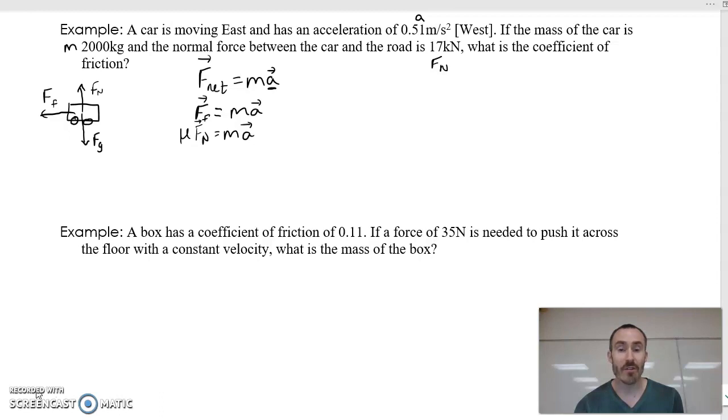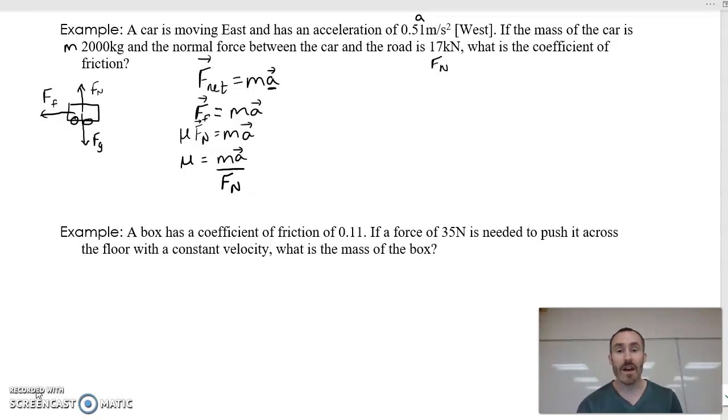I'm going to divide by the normal force to get the coefficient by itself. So the coefficient is ma divided by Fn. Okay, now the question tells us the mass is 2,000. It tells us the acceleration is 0.51, and it tells us the normal force is 17,000 newtons.